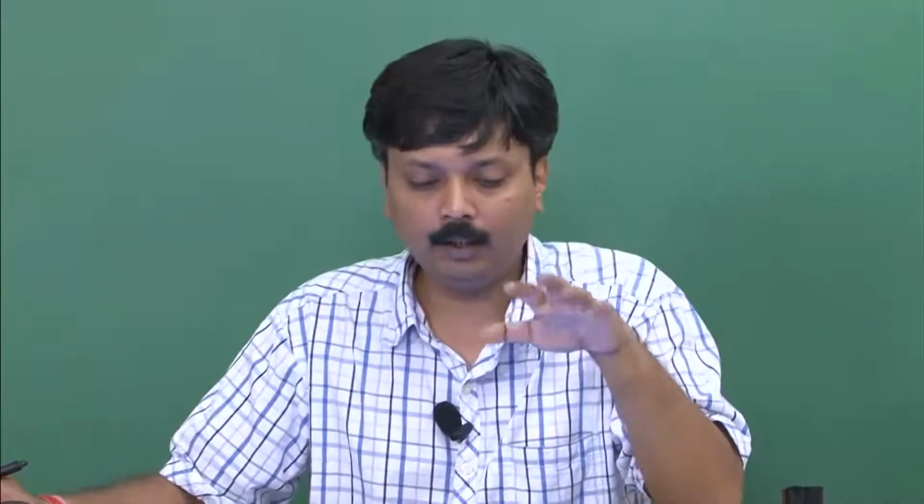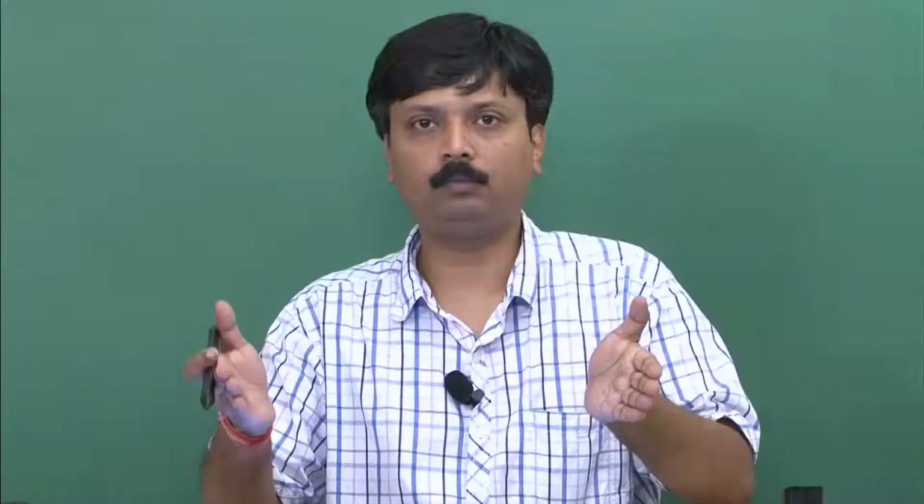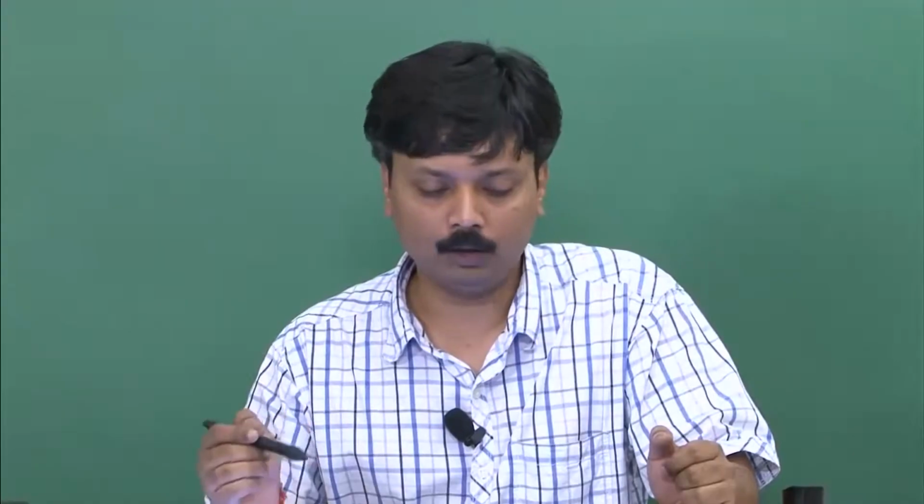So, when I look at the cyclooctatetraene, you need to know that this is a 3-dimensional structure like what is shown on your screen. So, it's like a boat, right. The cyclooctatetraene also has alternating double bonds.